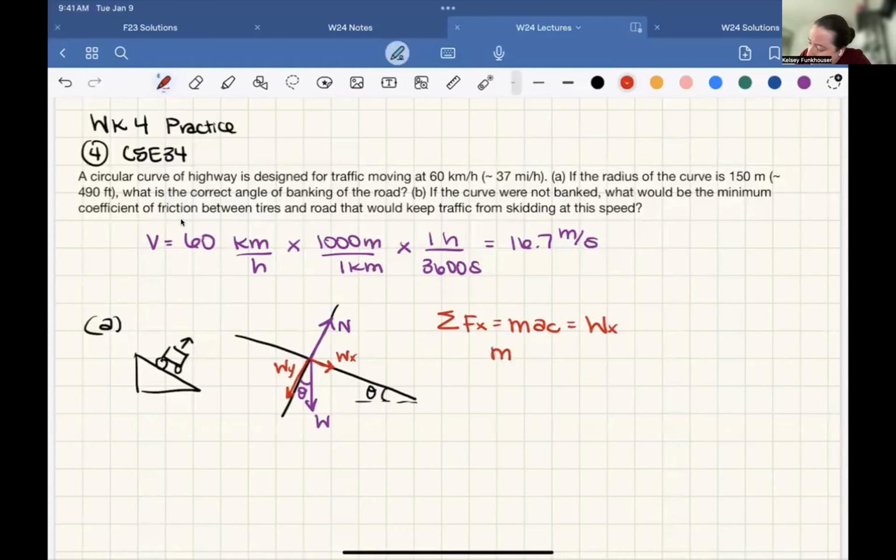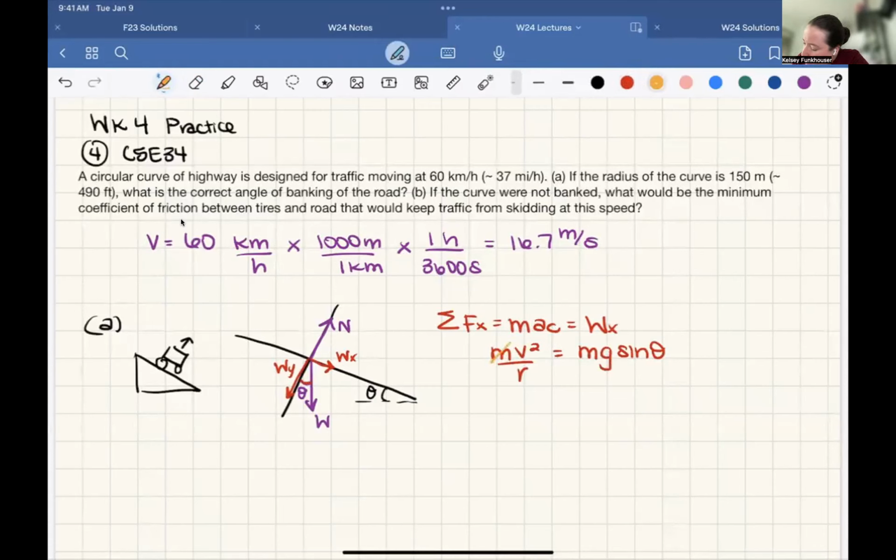So we end up with mass times, actually I'm going to plug in v squared over r for the centripetal acceleration, equals mass times gravity times sine of theta. Because the angle here makes y adjacent, so cosine, and x opposite, so sine.